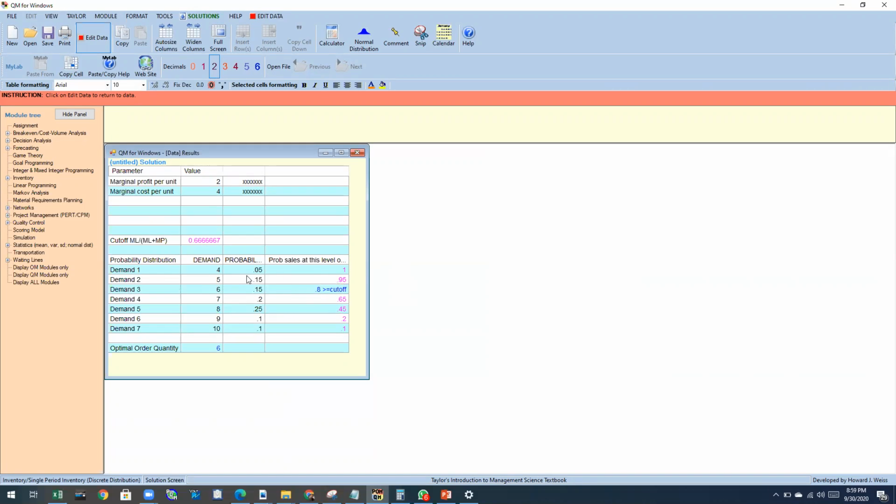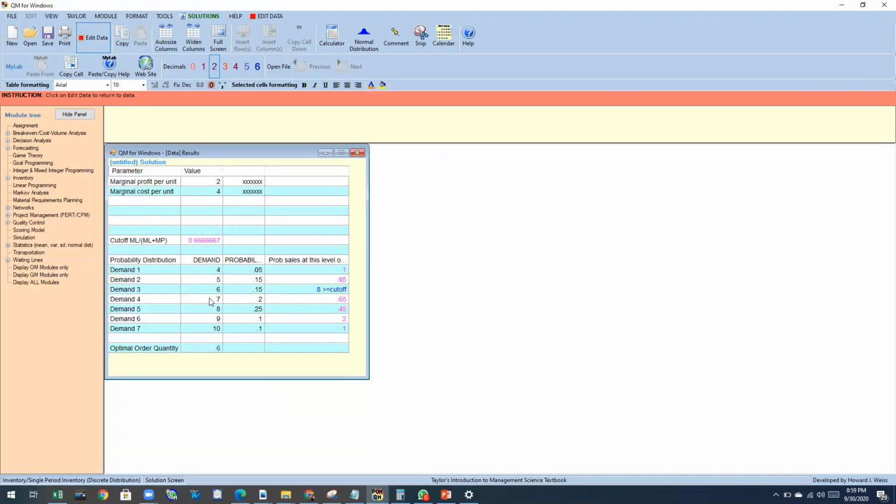How do we know this? The total probability is 1, right? 1 minus 5% is 95, 95 minus 15 is 80%. So at the point of ordering 6 cartons, the probability of us being able to sell 6 cartons is 80%. What about if we order 7 cartons?